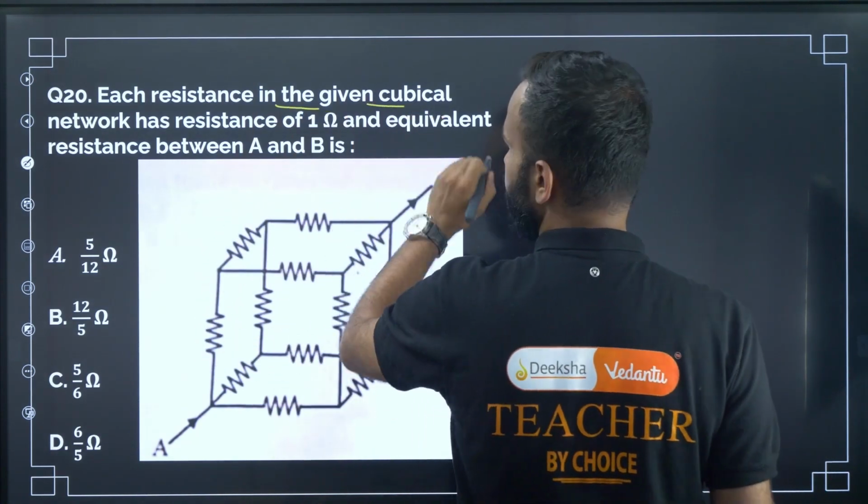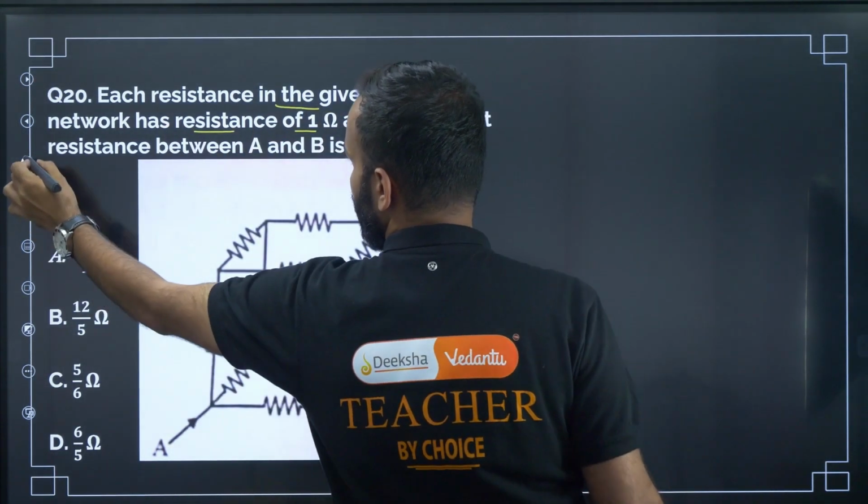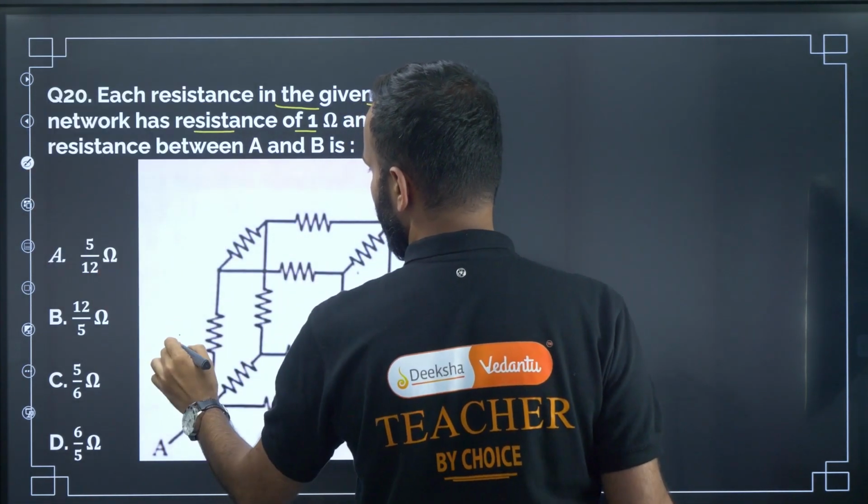Each resistance in the given cubical network has resistance of 1 ohm. Okay, so here it's 1 ohm, and every edge of the cube is 1 ohm.